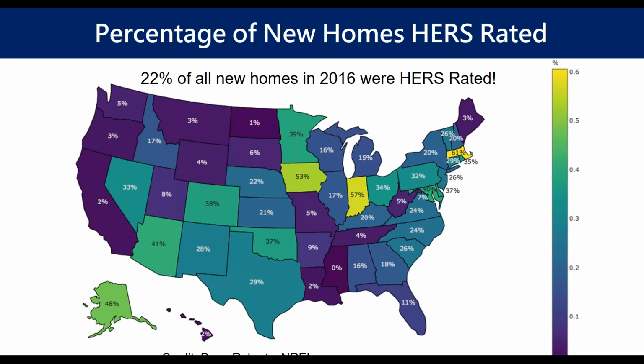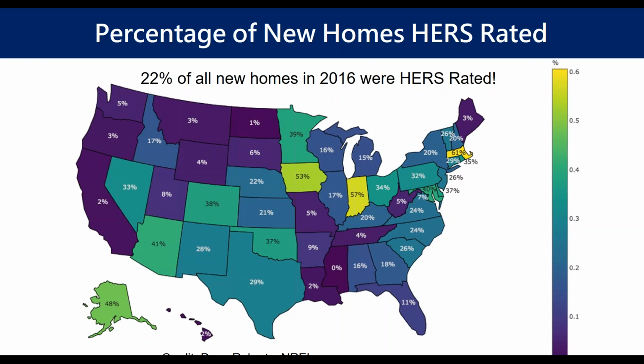The lighter the color, the higher the percentage of HERS rated homes within those states. Massachusetts, Indiana, and Iowa are the 3 states that all have more than 50% of the new homes being built in those states receiving a HERS rating, which is a pretty significant number.